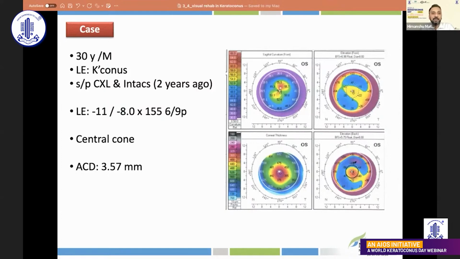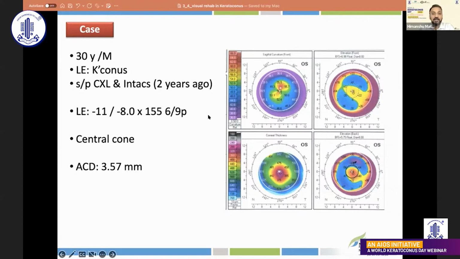Let's take an example. A young male who had keratoconus, who had undergone cross-linking and intracorneal ring implants 2 years ago, had a relatively stable ocular surface. And if you can see, the cone also was looking quite nice and central, and had a significantly high spherical and cylindrical power.